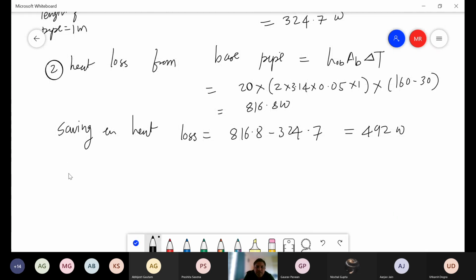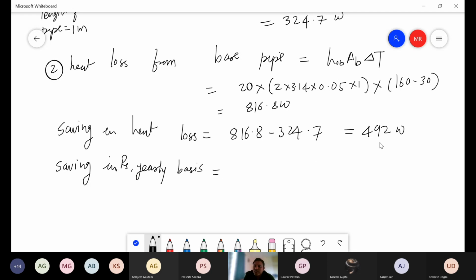So what will be the saving on a yearly basis, saving in rupees? So how much money we can save on a yearly basis, that we wanted to calculate.